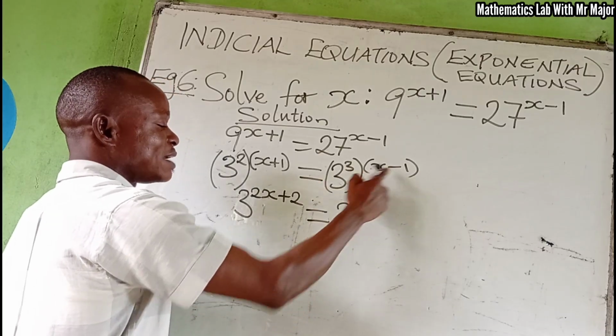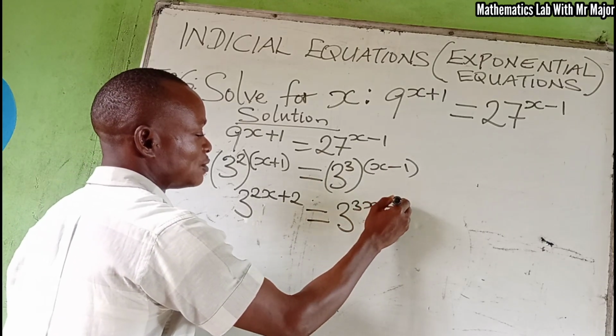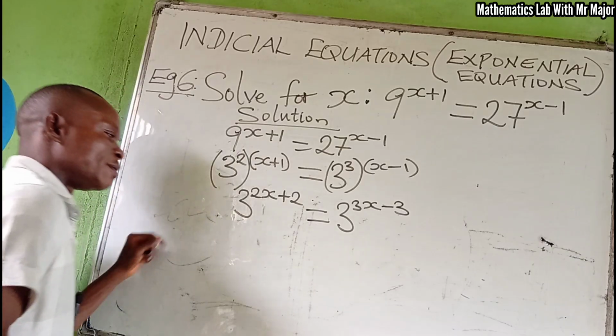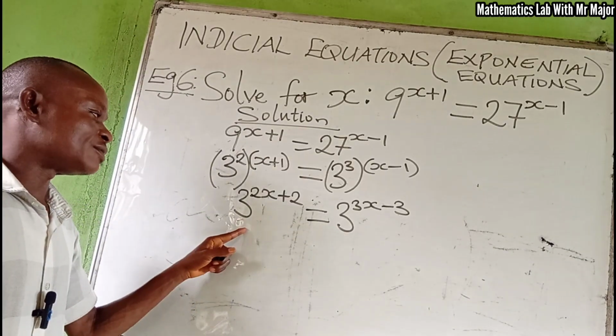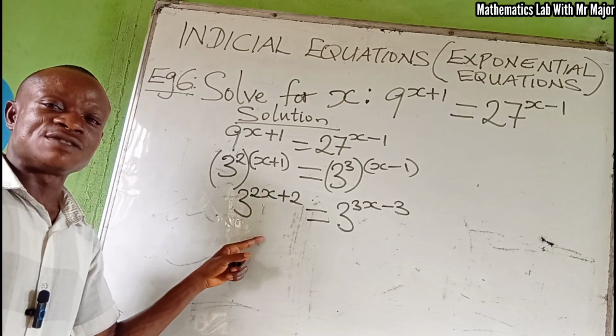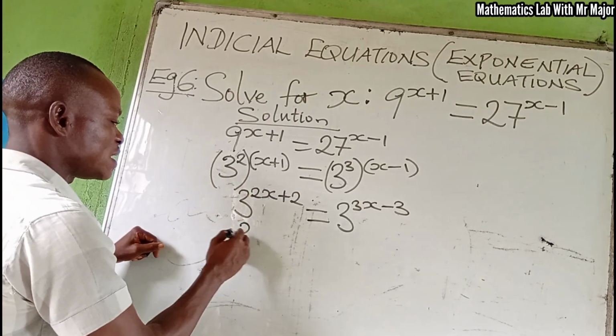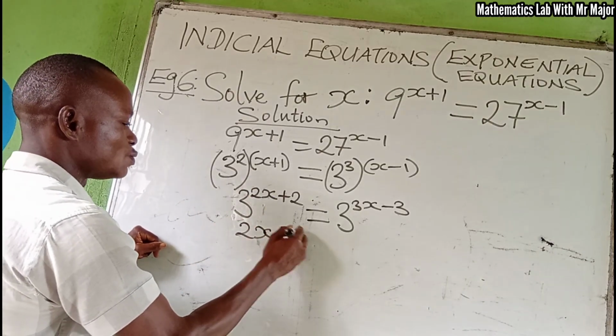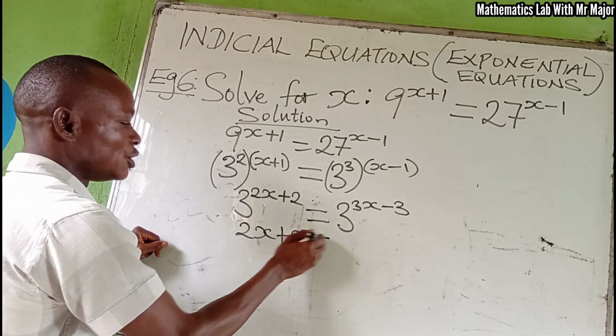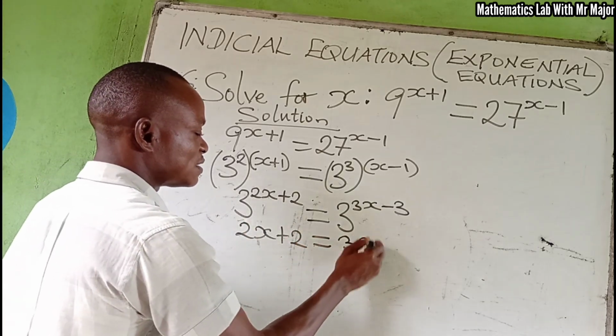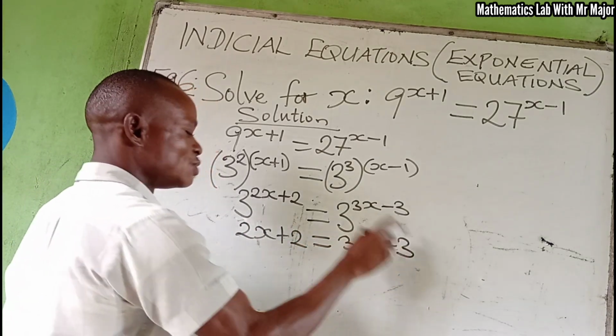And then 3 times minus 1 will give us minus 3. The bases are the same now. Now that the bases are the same, we can now equate the powers. So that means 2x plus 2, which is the power here, equal to 3x minus 3, which is the power here.